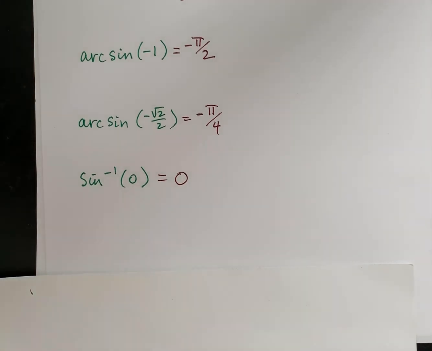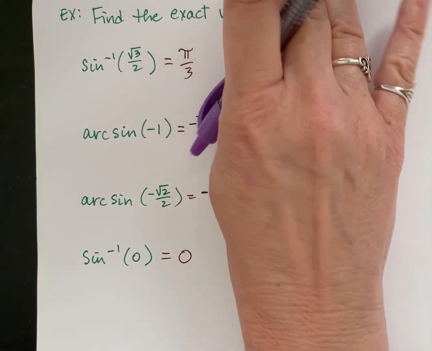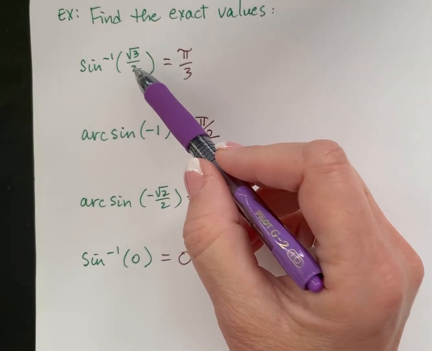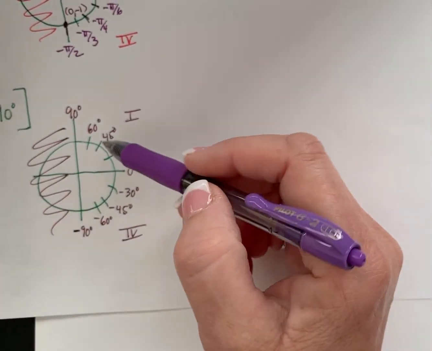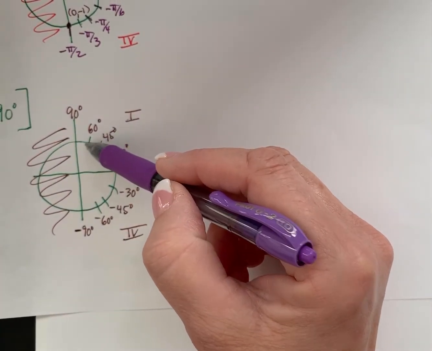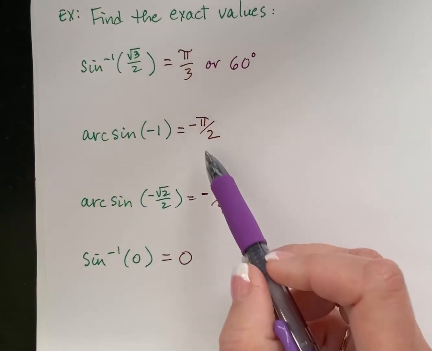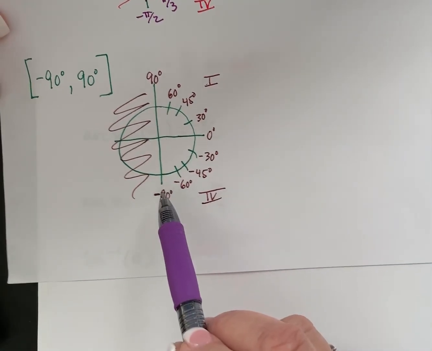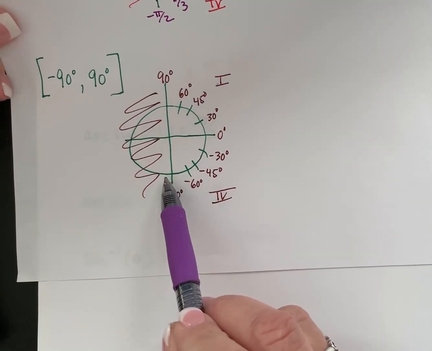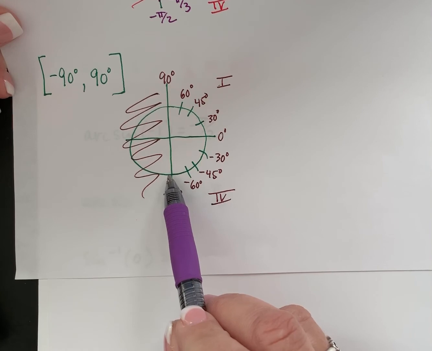If we go back and work these in degrees, just from the top, the inverse sine of the square root of 3 over 2, that will be 60 degrees. Negative pi over 2, that's where the sine is equal to negative 1.